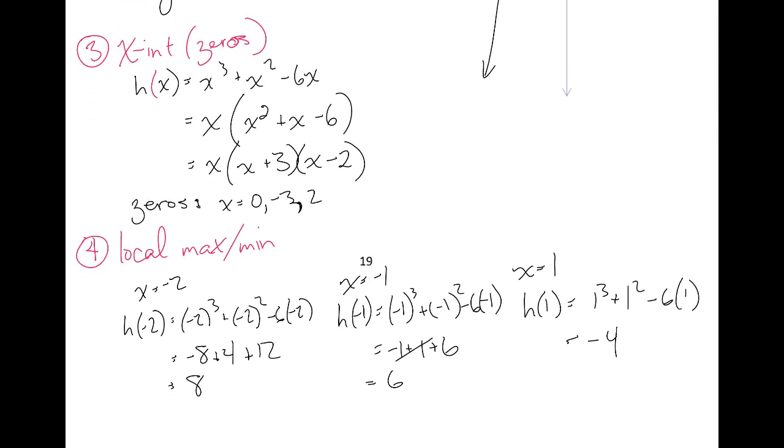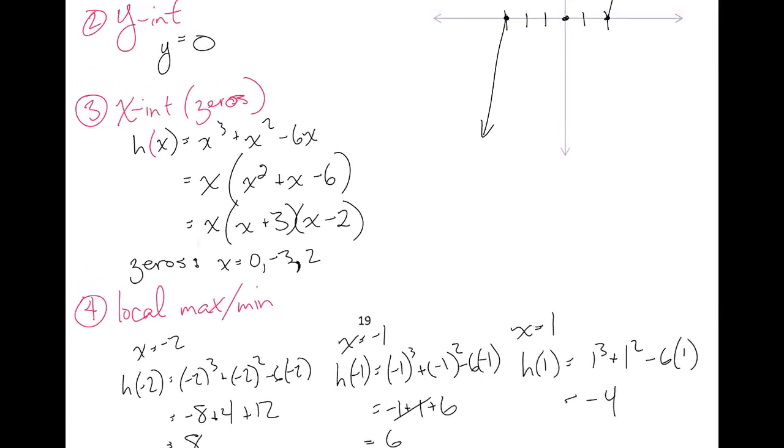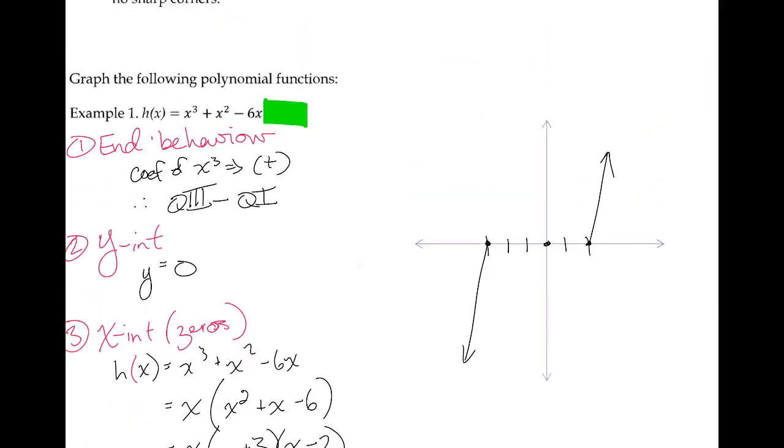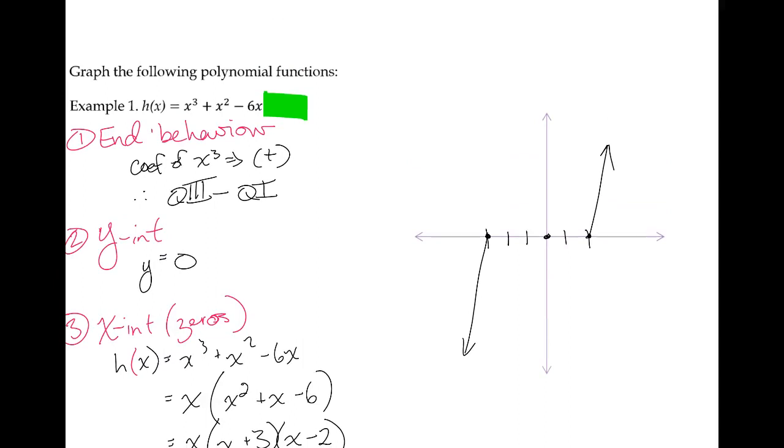Now that I have those values, I can predict approximately where my local maximum might be, where my local minimum might be, and kind of scale it appropriately. So I might say 8 is here, and -4 is about half as far.